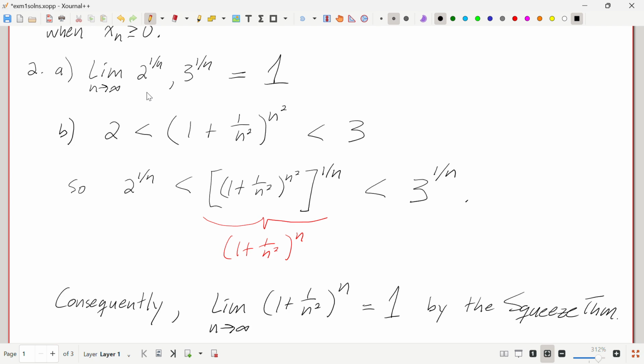When you take the nth root, the exponents multiply, and so n squared times 1 over n is n. And so you get 1 plus 1 over n squared to the n in the middle there. Now you've got those squeezed between two sequences that both tend to 1. So that one also tends to 1. Questions about that?